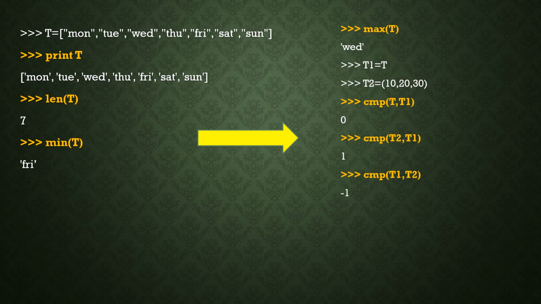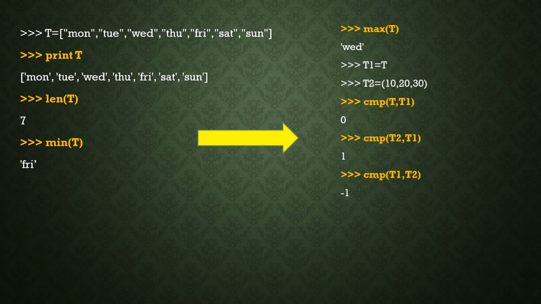So minimum of T is Friday. The first letter is F, that comes first: A, B, C, D, E, F. And then G, H, I, J, K, L, M, Monday is there. Next, M, N, O, P, Q, R, S. Saturday is there, Sunday is there. So it will take Saturday first, next Sunday.